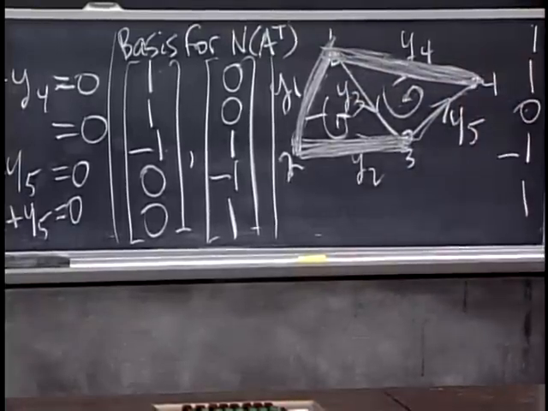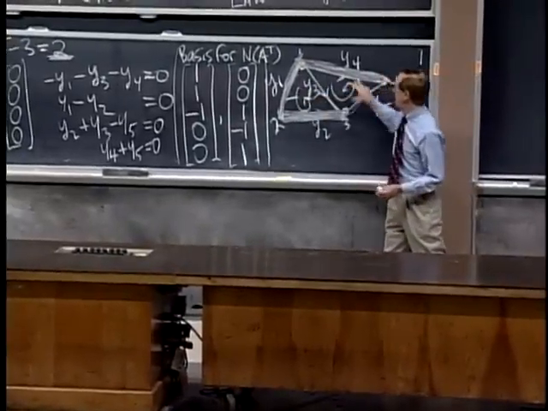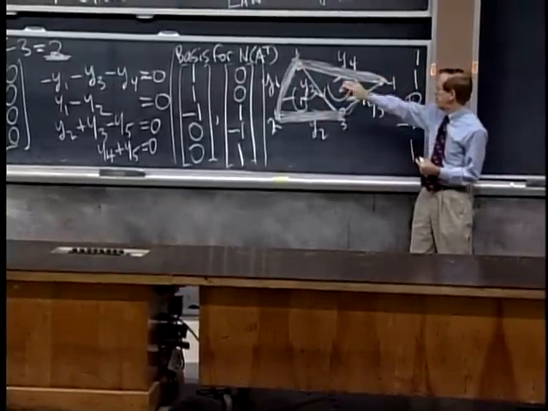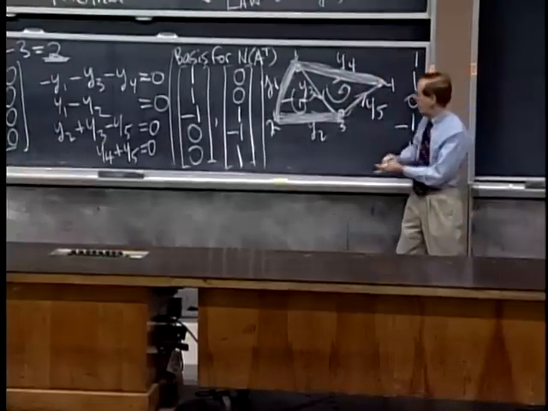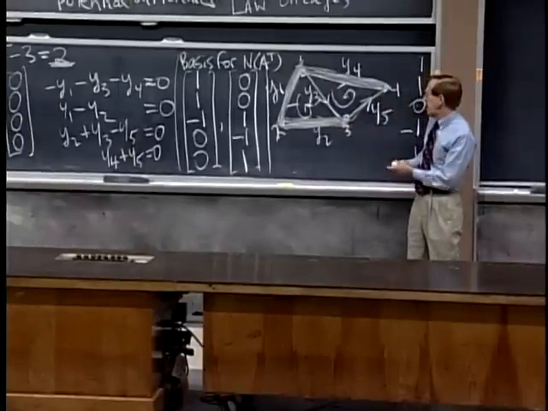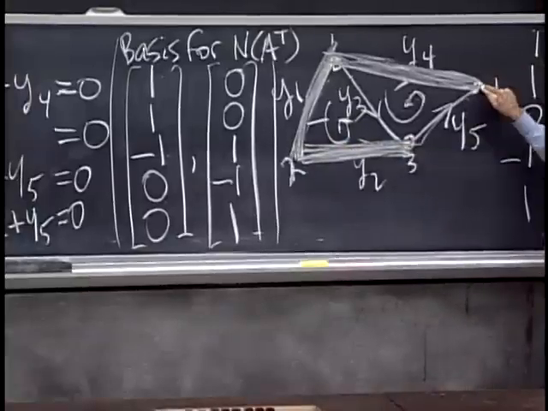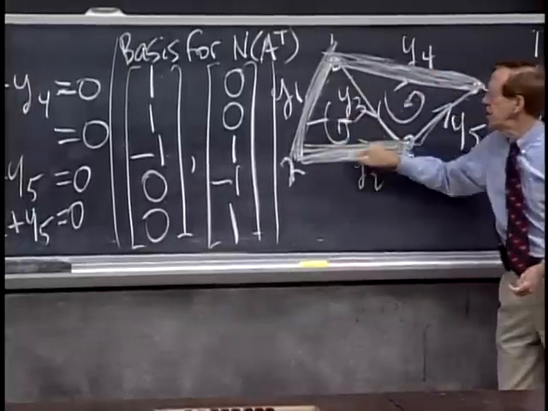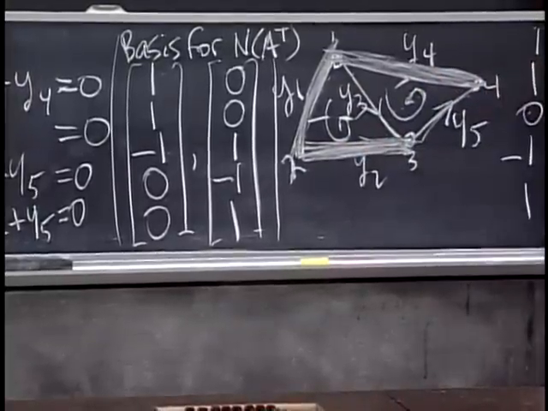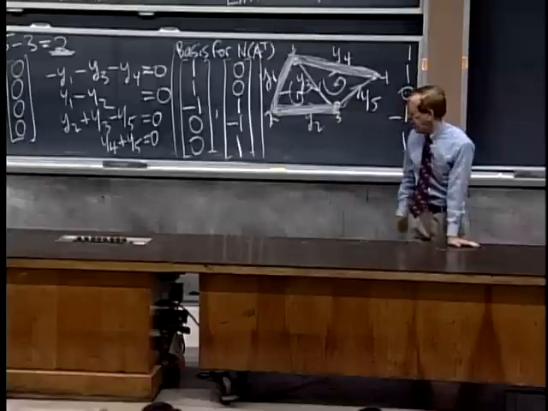So that is a smaller graph. If I just look at the part of the graph that I've used with thick edges, it has the same 4 nodes. It only has 3 edges, and those edges correspond to the independent guys.